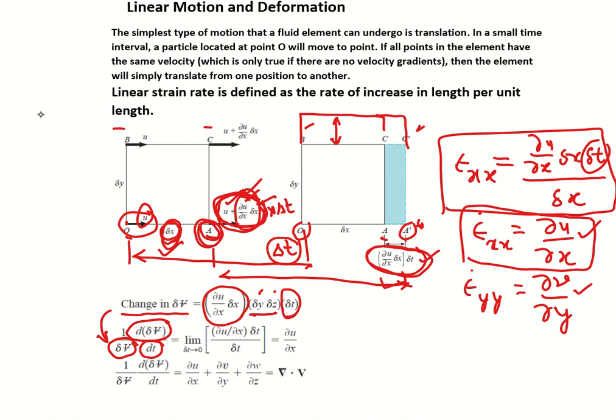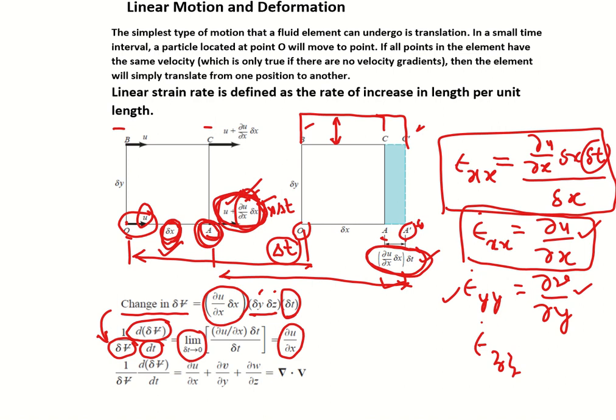Right, so if we take the limit as delta t tends to 0 because we want to write in differential format, then this is equal to del u over del x into delta t divided by delta t. So this is equal to del u over del x.